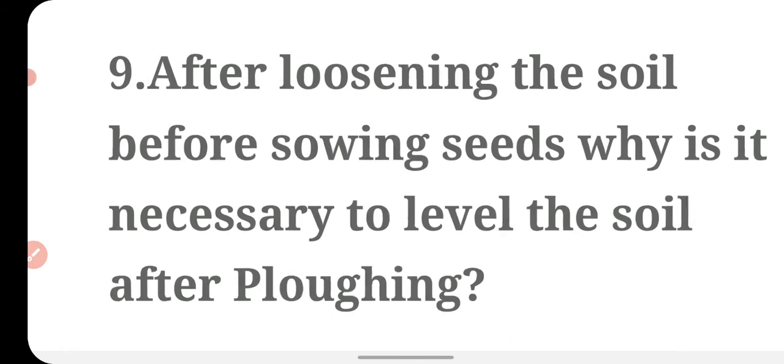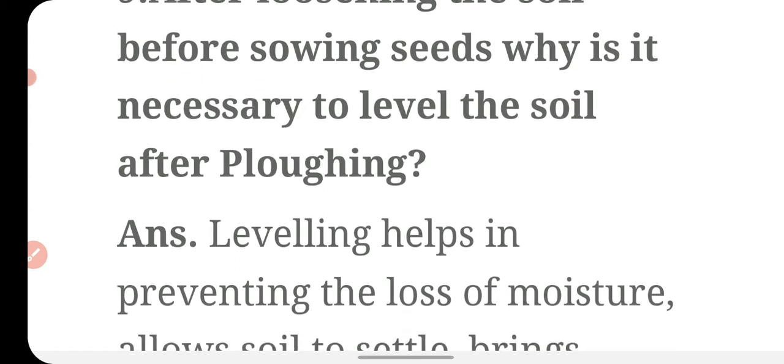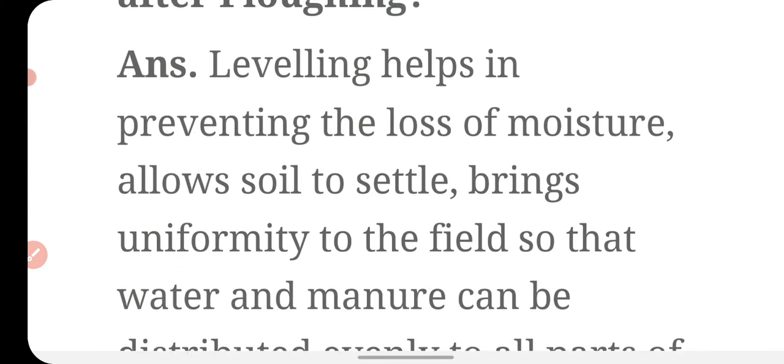Next question is, after loosening the soil before sowing seed, why is it necessary to level the soil after ploughing? So in agriculture we loosen the soil first of all, then we level it, and after that we sow the seed. So what is the importance of leveling?